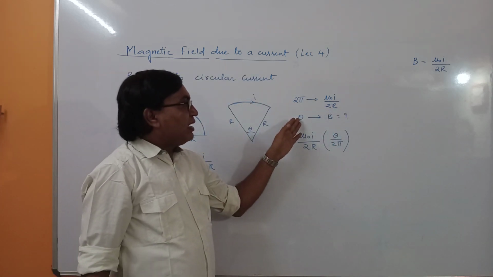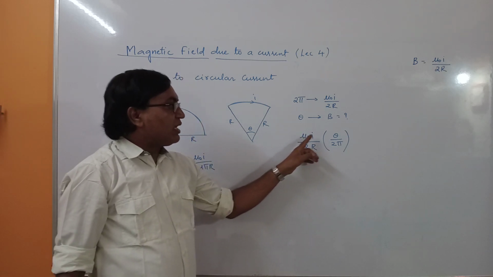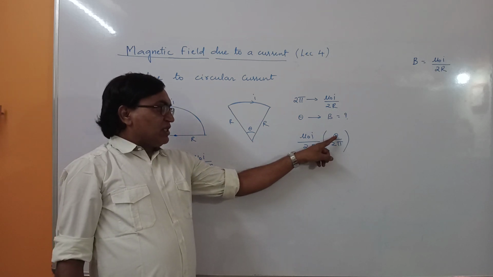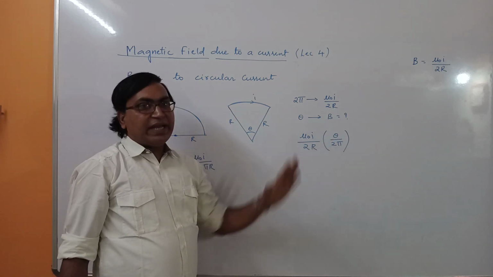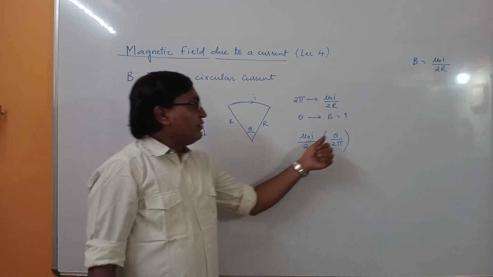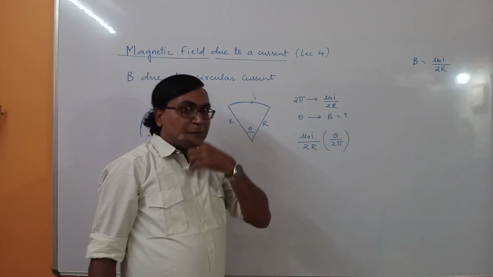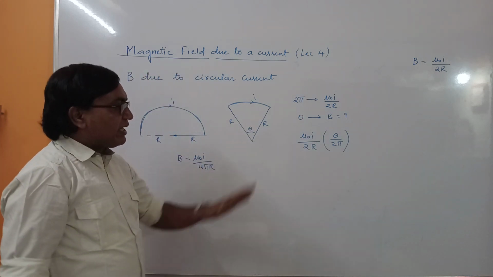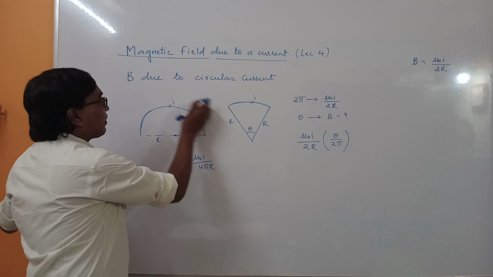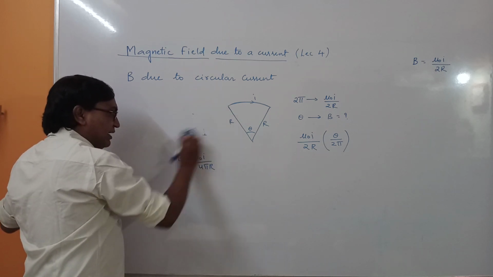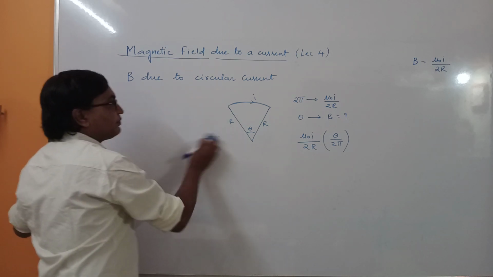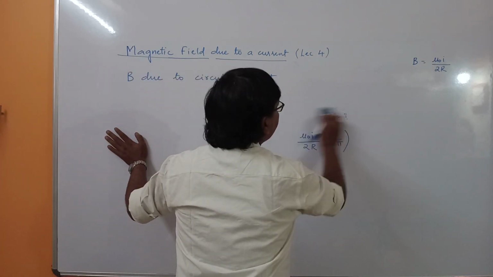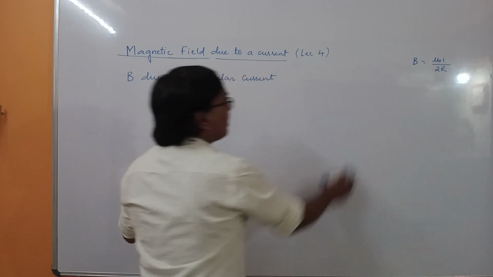Then for angle theta, the magnetic field will be mu naught I by 2R into theta upon 2 pi. Suppose this theta is pi, then you have half of the magnetic field. If this theta is pi by 2, then you have 1/4 of the magnetic field. In that way we can calculate the magnetic field. That will be more clear when we take some examples to illustrate the magnetic field due to a circular current at its center.